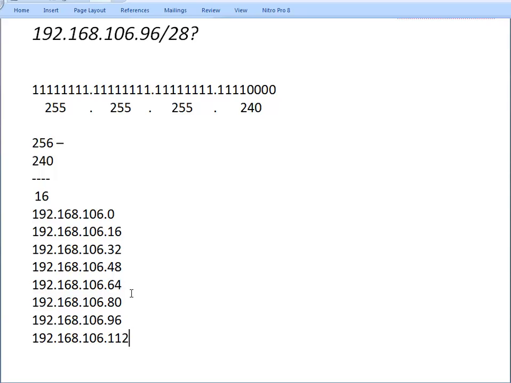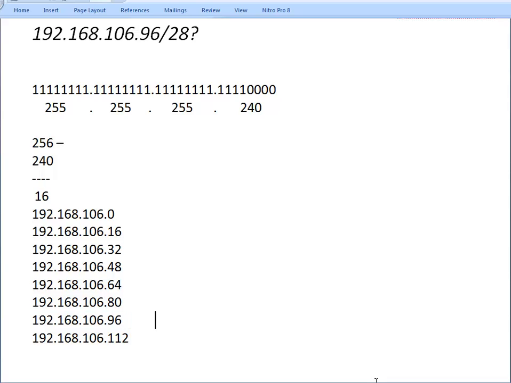Now we just found that 96 is between those two lines. So we found the network ID.